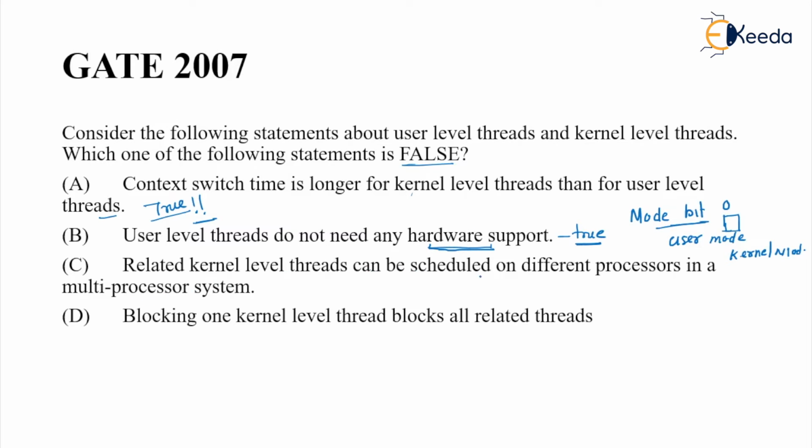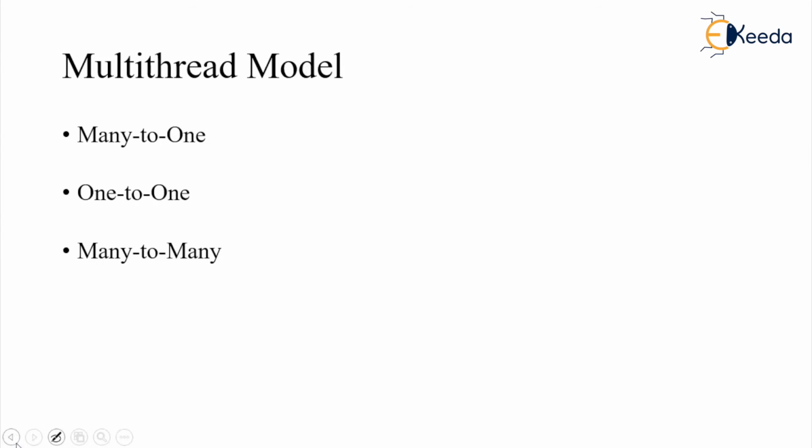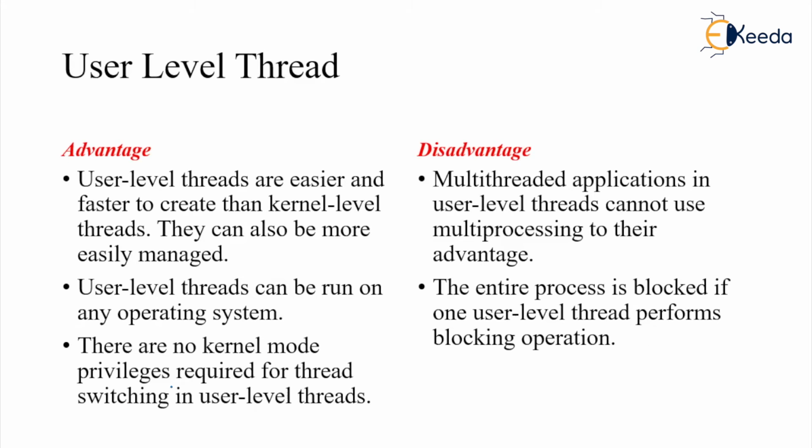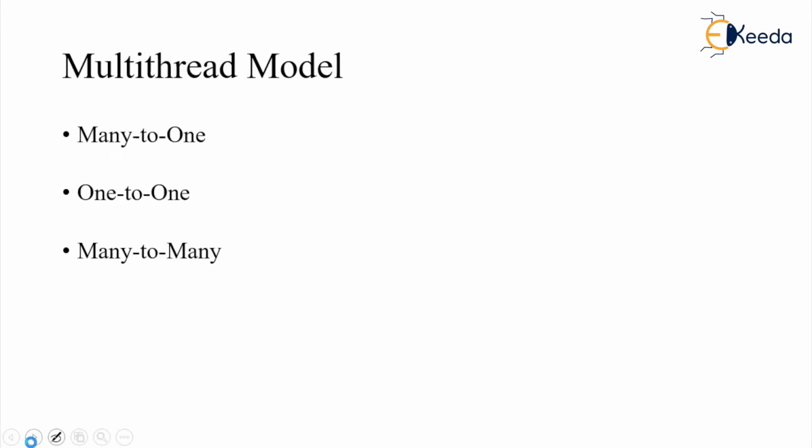Kernel level threads can be scheduled on different processors of a multiprocessor system, and if you recall the disadvantage of user level threads, a multithreaded application in user level threads cannot use multiprocessing to its advantage.